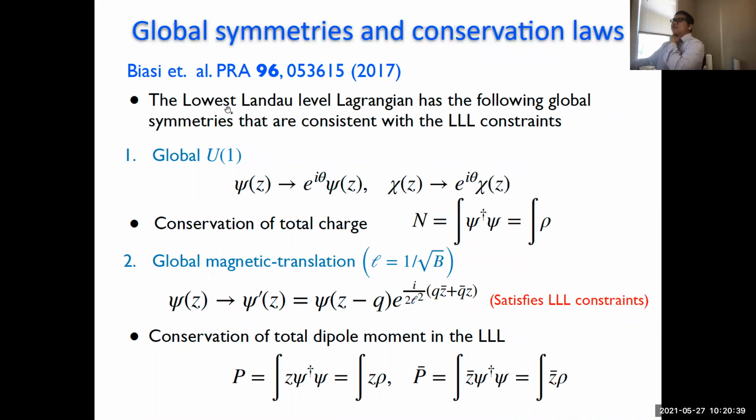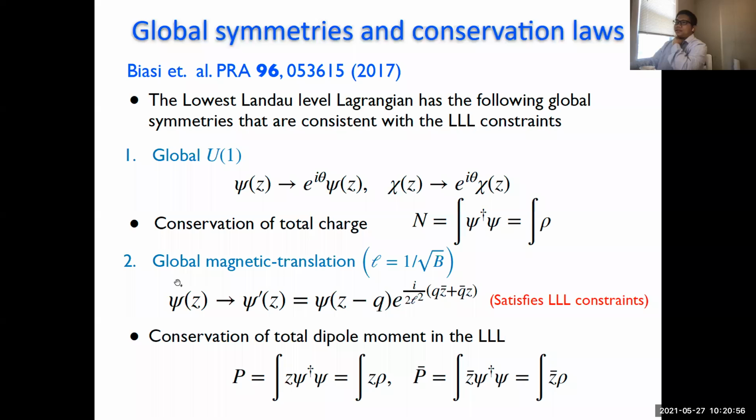So the lowest Landau level Lagrangian has some global symmetries that are consistent with the lowest Landau level constraint. Of course, you know the global U(1) transformation gives us the conservation of total charge.